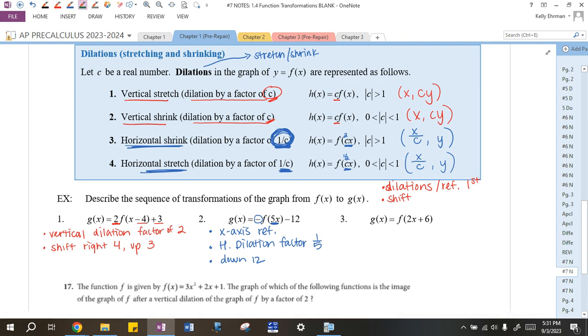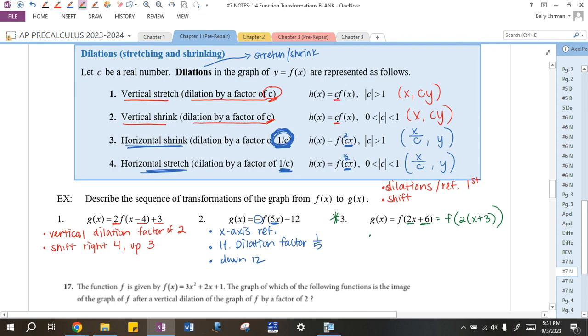Okay, now we have a special case on number 3, so put a star next to this one. If we see a horizontal dilation and a horizontal shift, we have to unsimplify this thing. Factor the 2 out. Now, when I say factor it out, it's still inside of the big parentheses. It's just not distributed through.